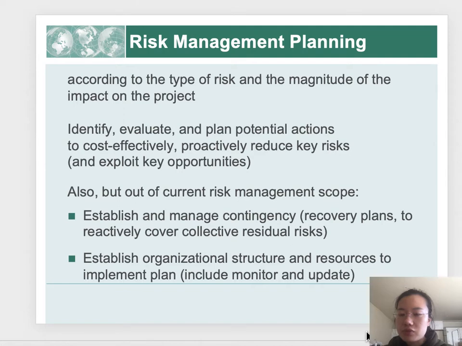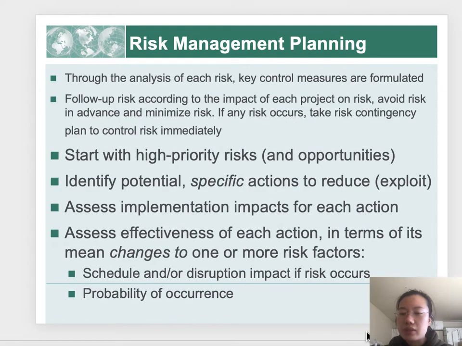According to the type of risk and the magnitude of the impact on the project, identify, evaluate, and plan potential actions to cost efficiently and proactively reduce key risks. Also, but out of current risk management scope, establish and manage contingency, and establish organizational structure and resources to implement the plan.